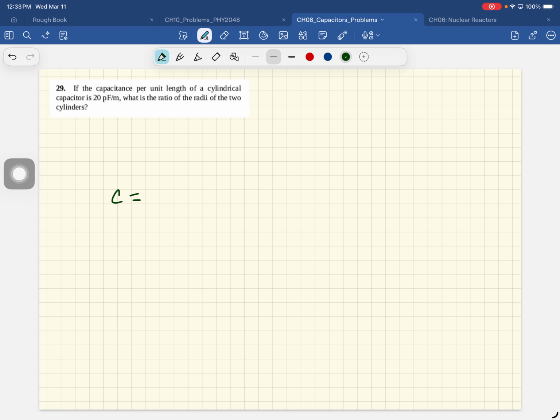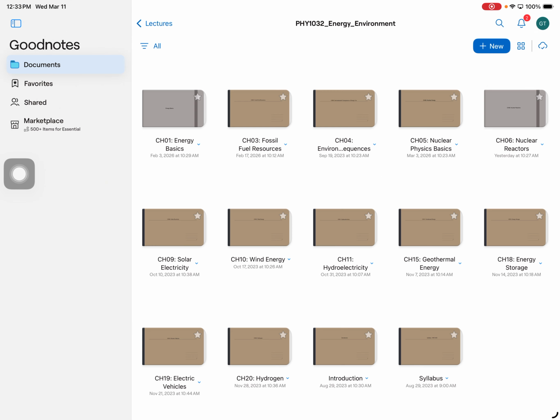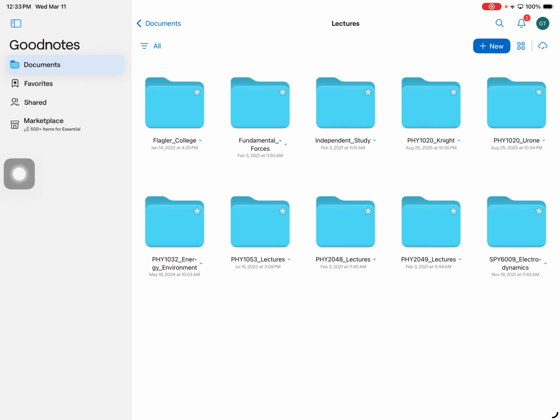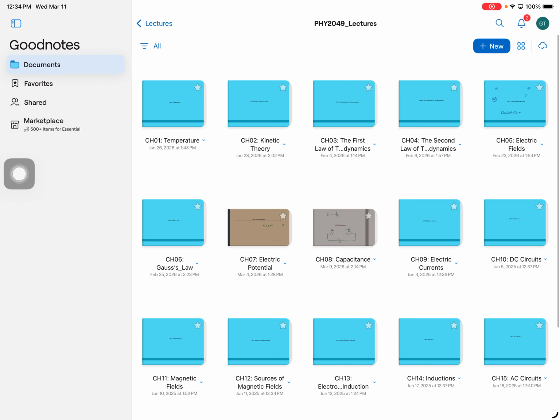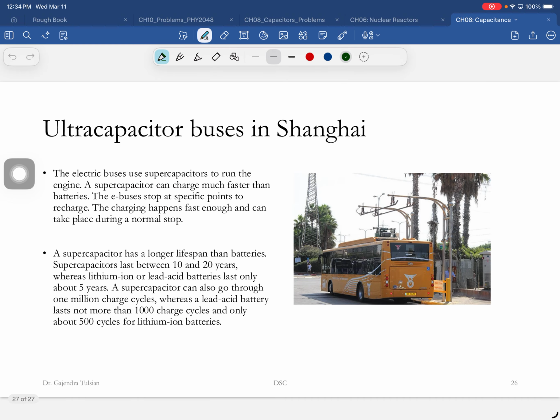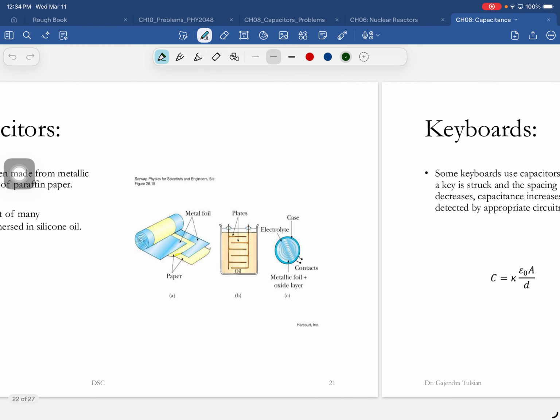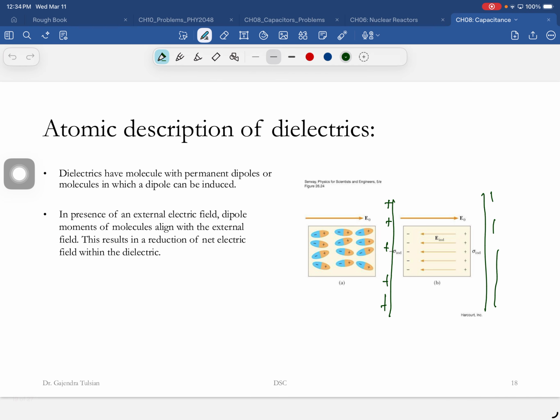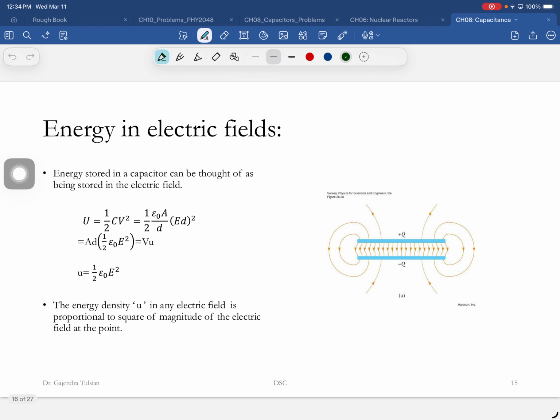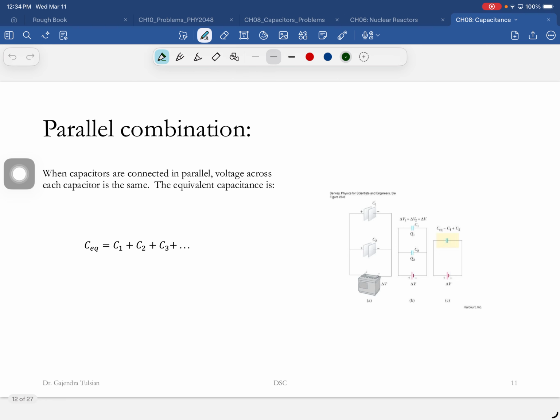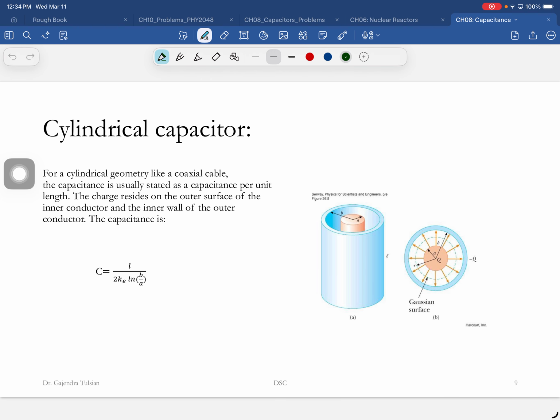So let's see. All right, there we go. So the length divided by that. Okay.